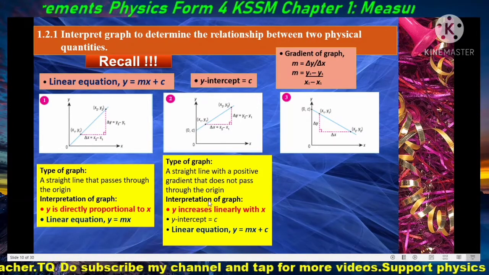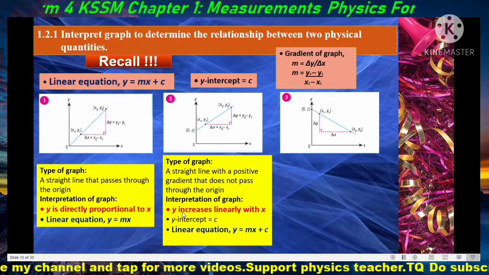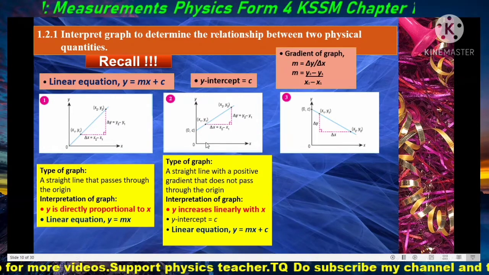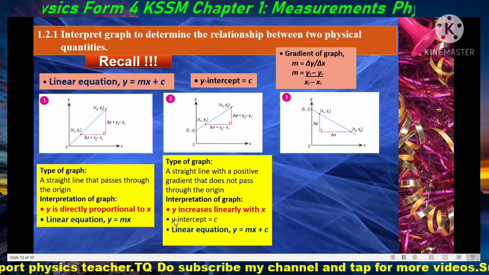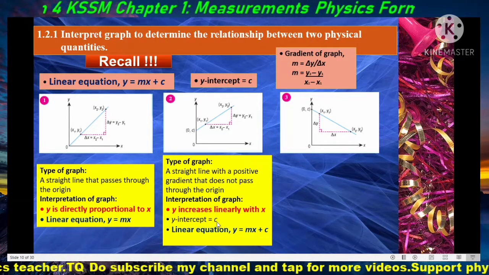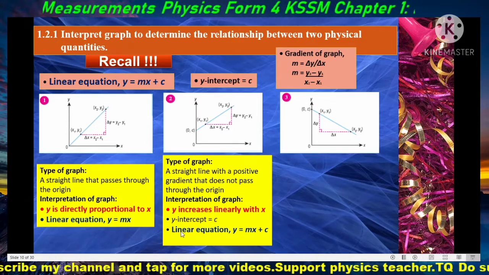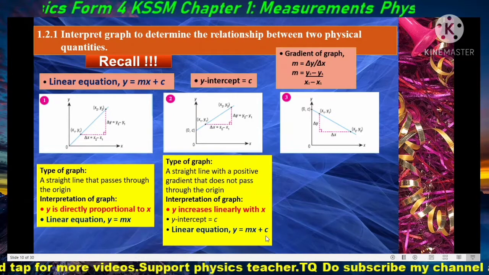The interpretation of this graph will give the relationship as y increases linearly with x. The word linearly means straight line. Y-intercept is equal to c. Thus, generally, we can write the linear equation as y equals mx plus c.